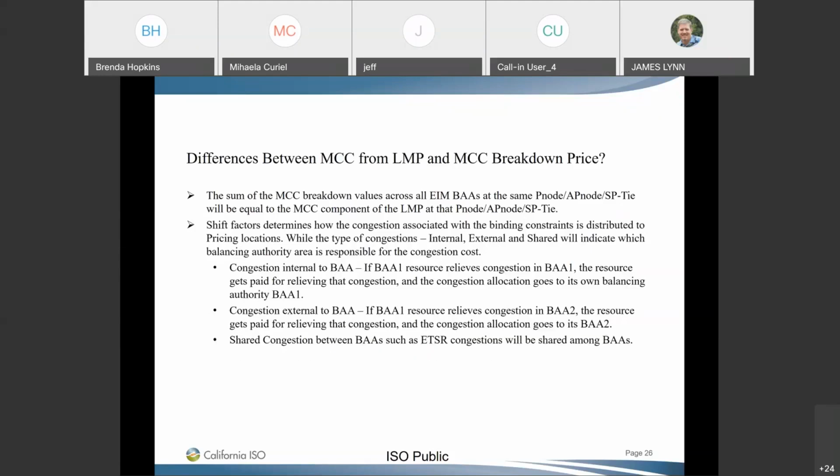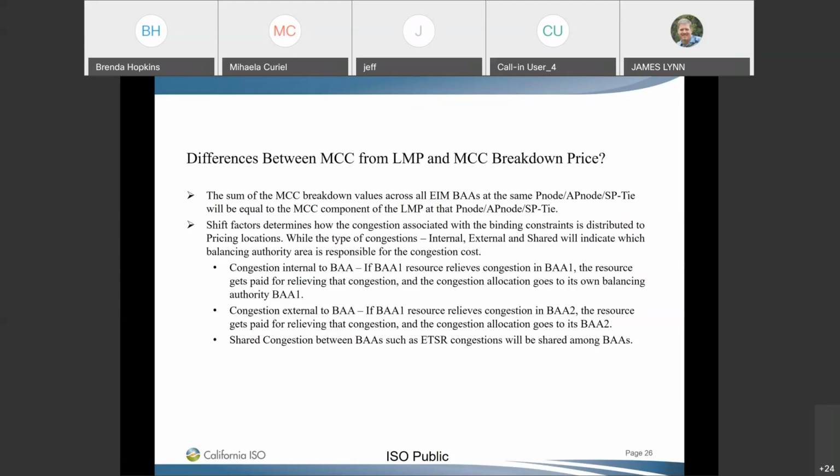That is what the market determines when it's trying to calculate the marginal cost congestion breakdown. If it is internal to BANC, then in the breakdown prices, you will see that the BAA would be BANC, and this would be your congestion price. If it is external, let's say Arizona, which was $200, it would say Arizona with a congestion price of $200.